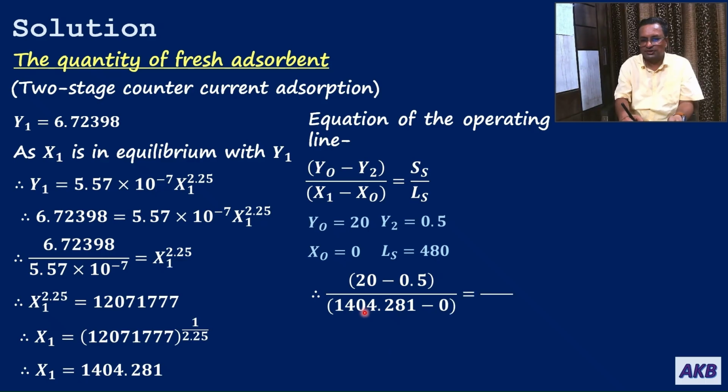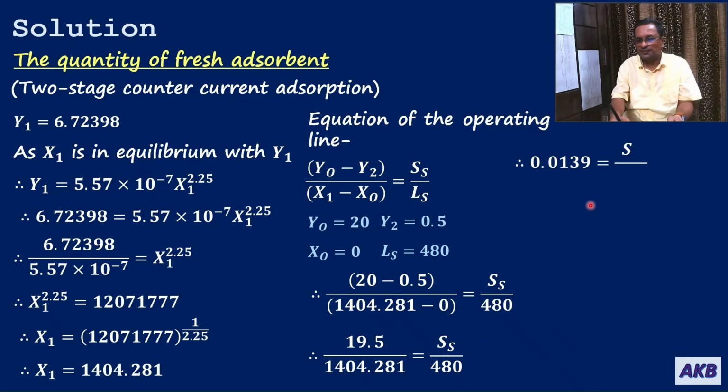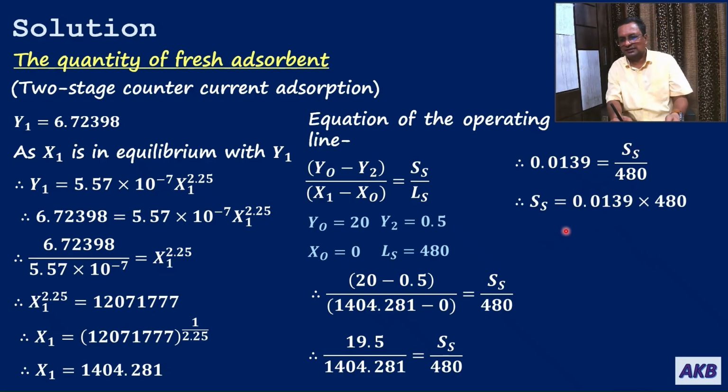So if I use these values, I will get 20 minus 0.5 divided by 1404.281 minus 0, that is equal to SS upon 480. That is 19.5 divided by 1404.281 is equal to SS upon 480. That is 0.0139. So 0.0139 is equal to SS upon 480. That is, SS is equal to 0.0139 into 480.